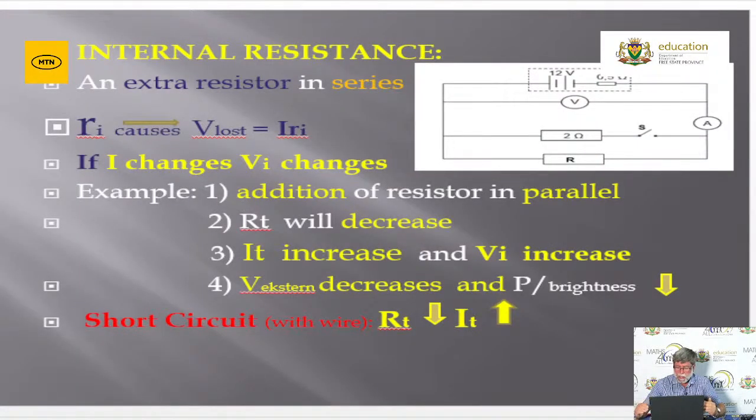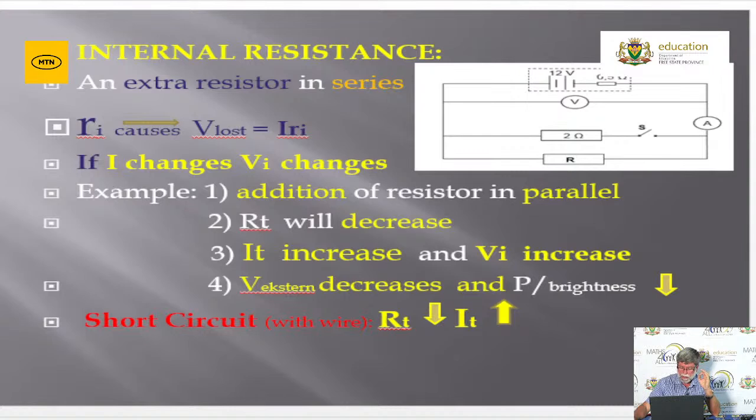You cut out a certain part of the circuit, but the result of a short circuit is always that the total resistance decreases. Now, if the total resistance decreases, you will know that the total current increases. And it's that increased total current that will cause the damage, that will cause overheating.